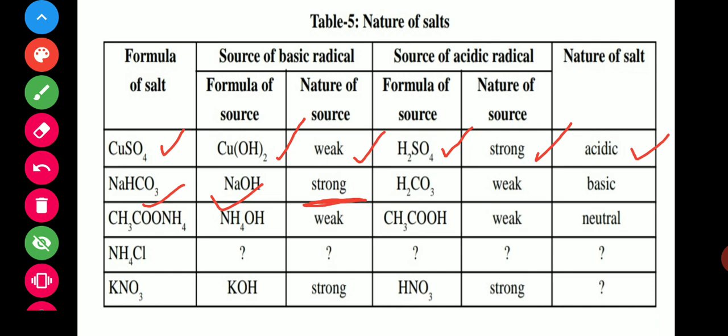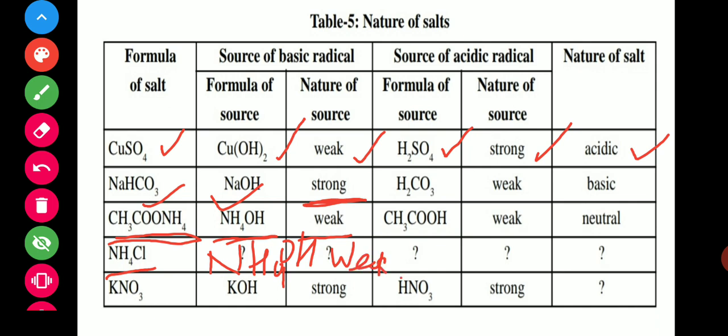For ammonium acetate, the source is ammonium hydroxide, which is weak. And for NH4Cl, the source is ammonium hydroxide, NH4OH, and it is also weak.